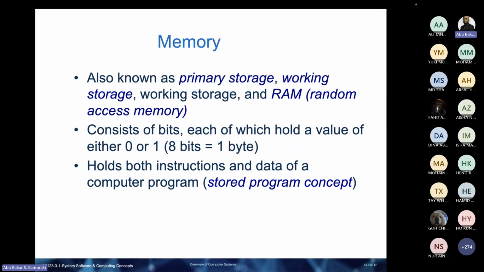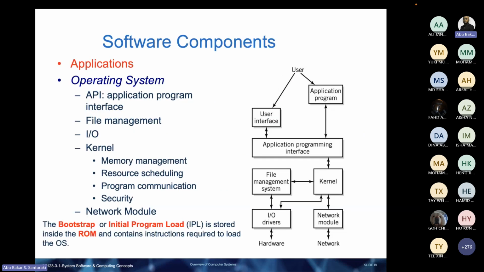So 8 bits make up 1 byte. 4 bytes make up 1 word. 2 words make up a long word, and so on. So we'll look at that in next week's lesson. Let's not get too deep into it, but we just want to understand that the memory stores information as a sequence of bits in a memory location.